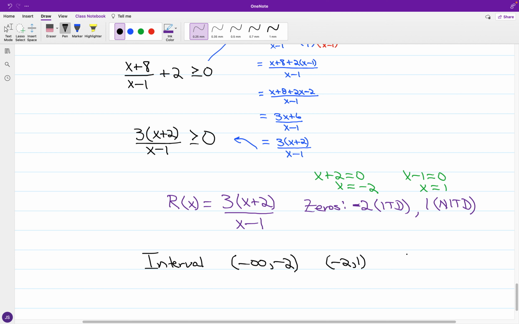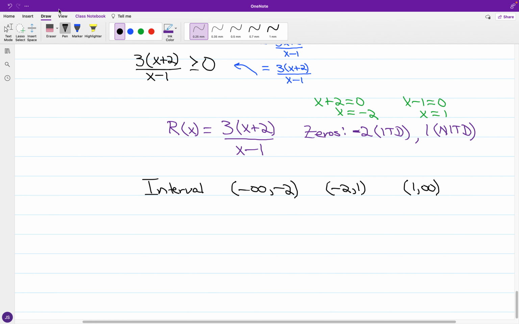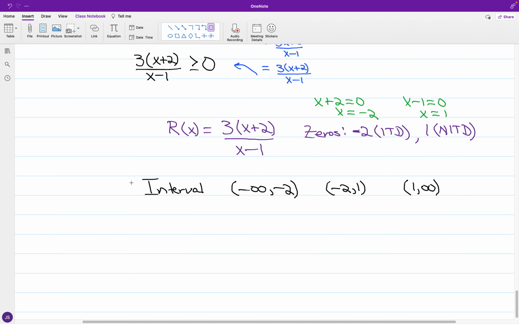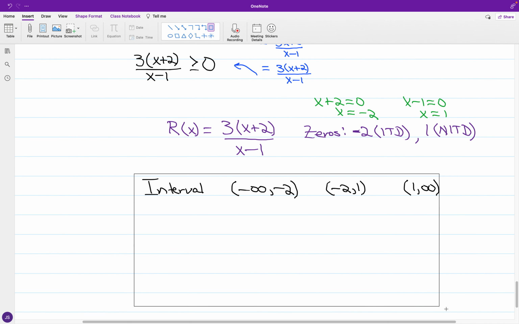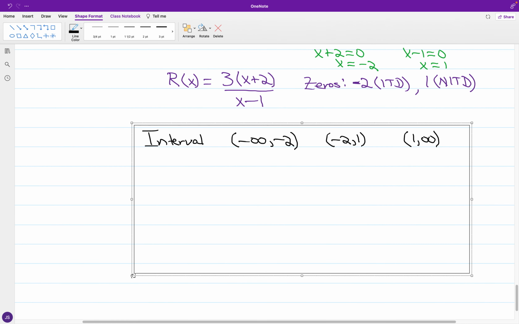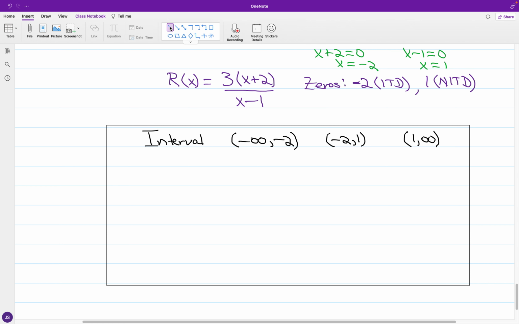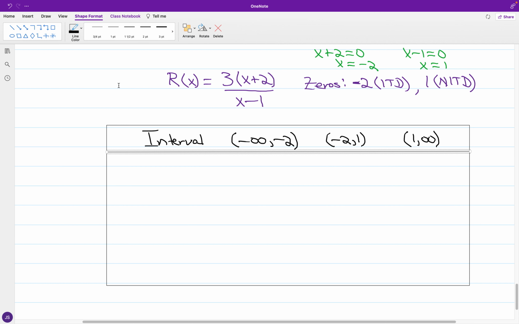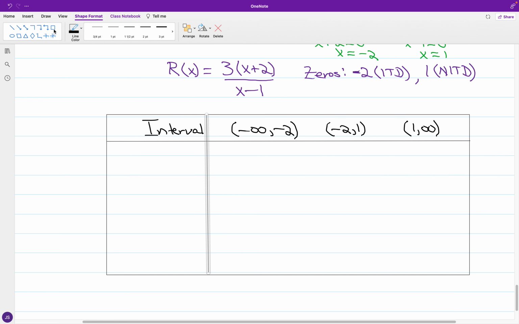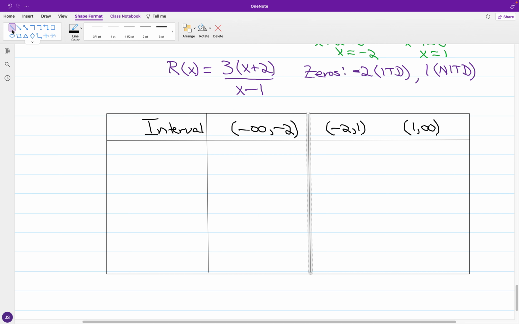And for the remainder we have those values of x which will be greater than 1. And looking at establishing test values throughout.